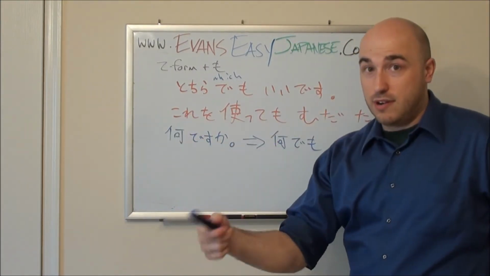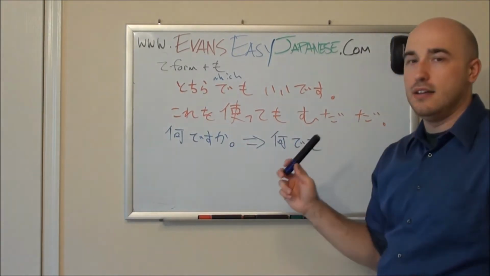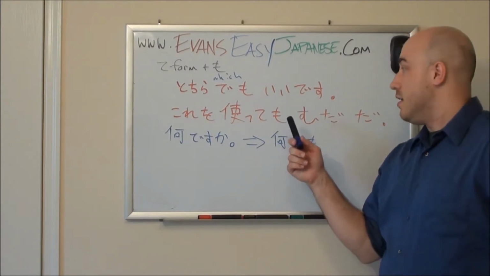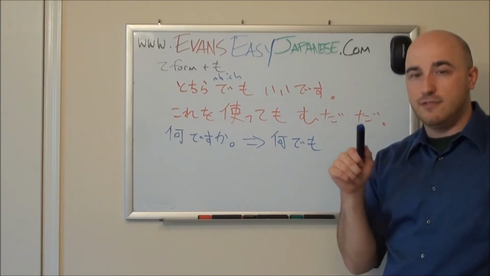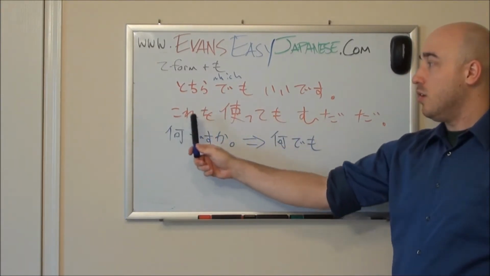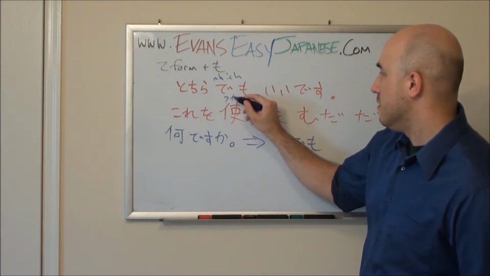Now let's move on to a regular old verb. Kore o tsukatte mo muda da. Muda means pointless or hopeless or ineffective. Da, plain form of des. Hopefully you remember that if you've been studying through Adventures in Japanese. Kore o tsukatte mo. This is the kanji for tsukau, use.